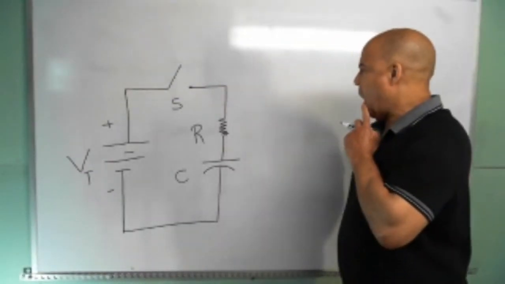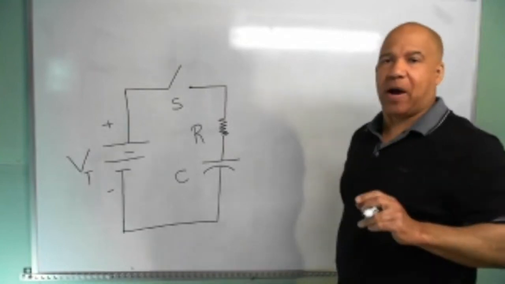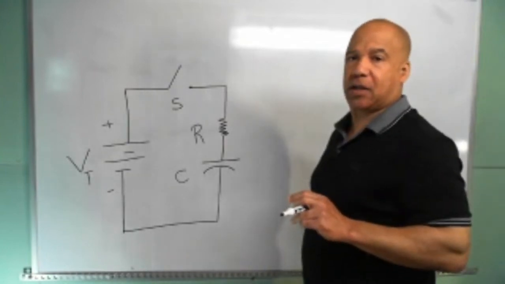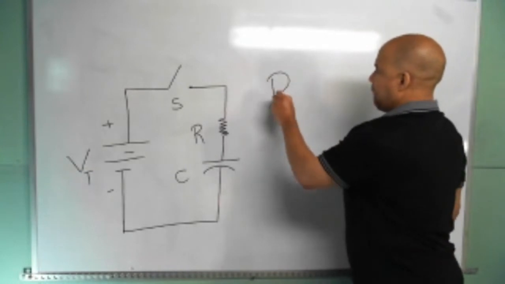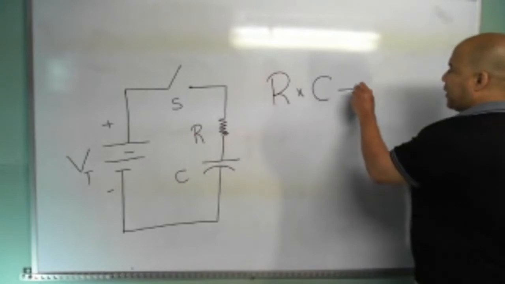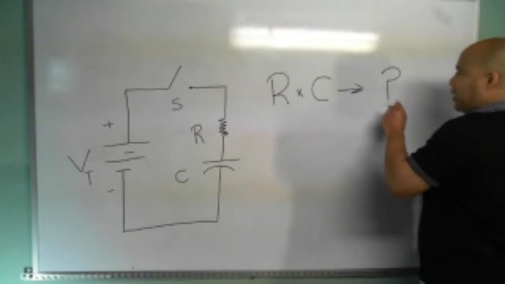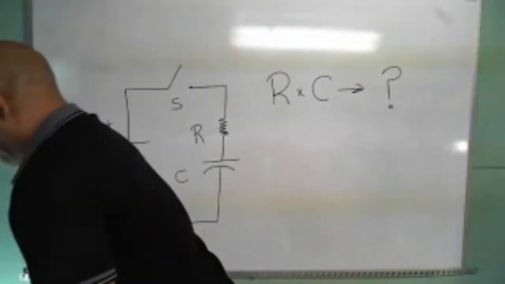Now, let's look at what happens when we take the product of R and C. So I'm going to take R times C. And the question is, when I do that, what kind of physical quantity do we get? So see if you can follow what I'm about to do.